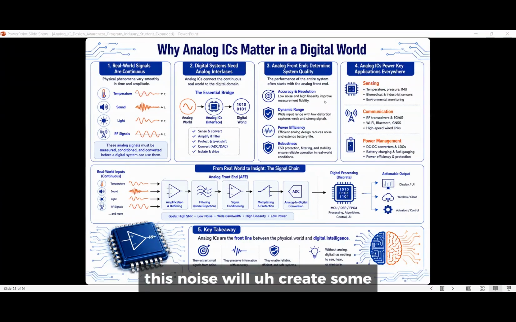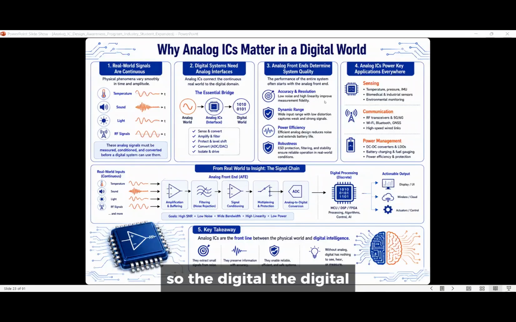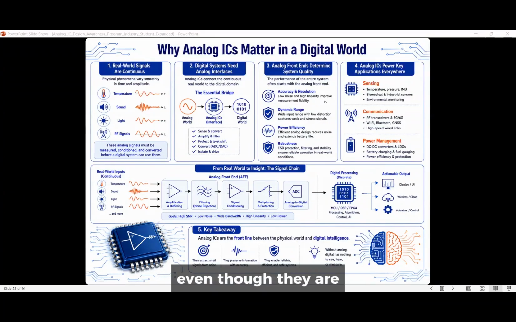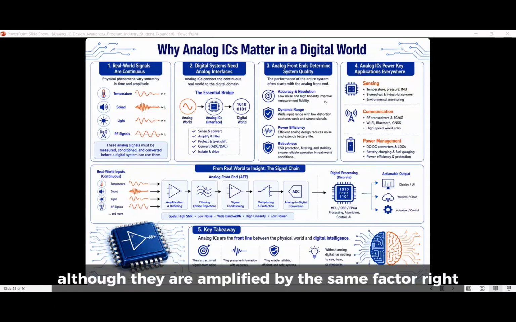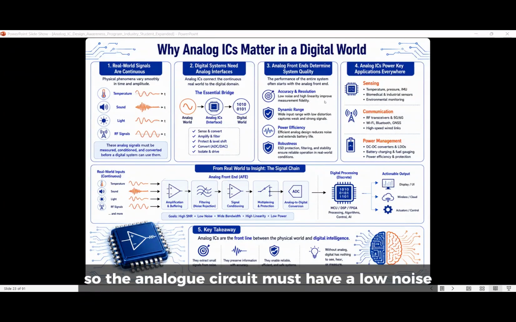This noise creates random perturbation on the signal, so the digital processor cannot distinguish the original signal from the noise. The noise is mixed with the input signal, and even though they are amplified by the same factor, the analog circuit must have low noise but still high gain to amplify the signal.